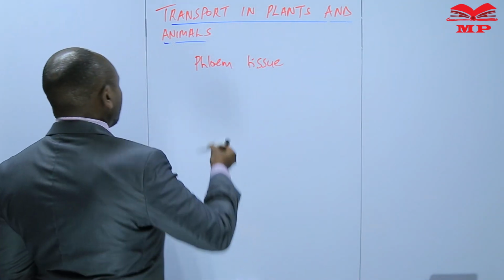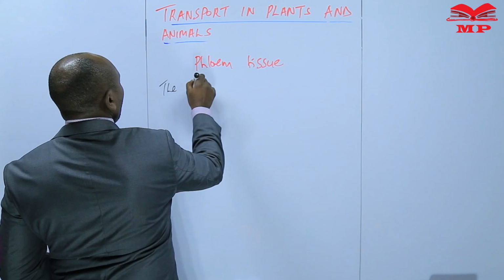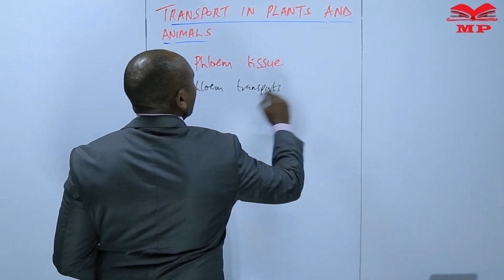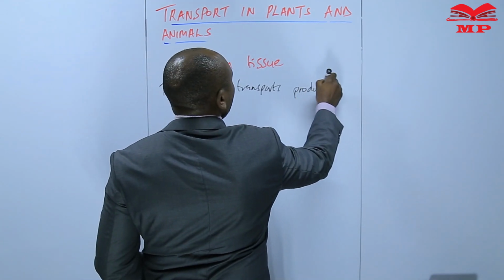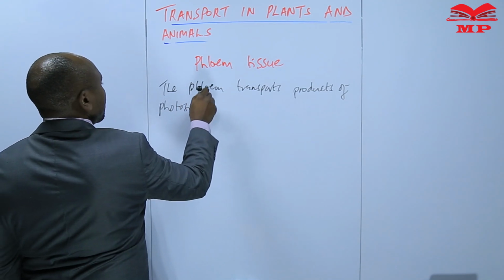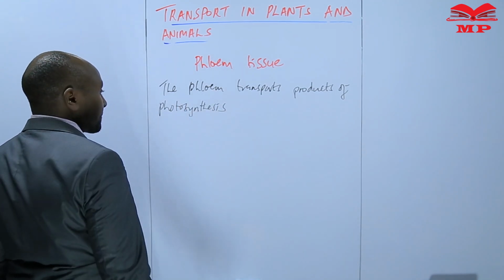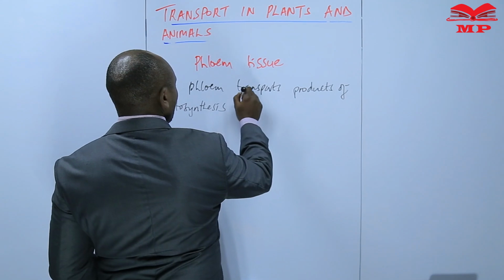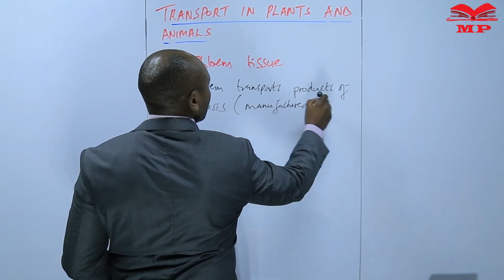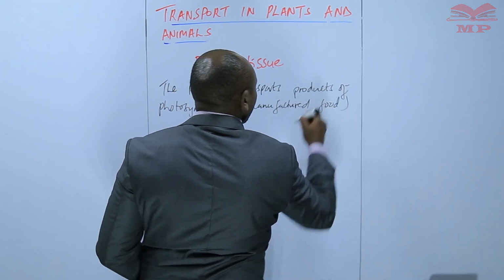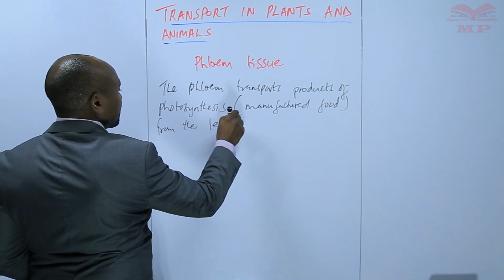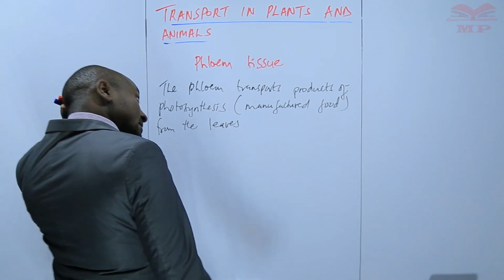So you can say that the phloem transports products of photosynthesis (manufactured food) from the leaves to the rest of the plant.